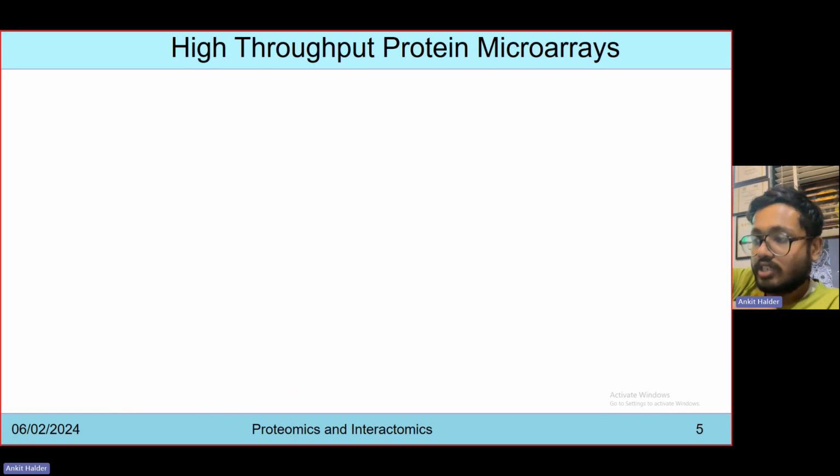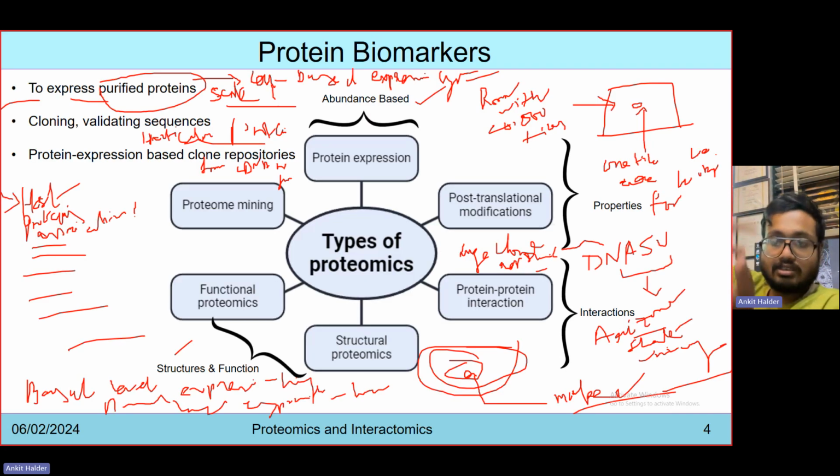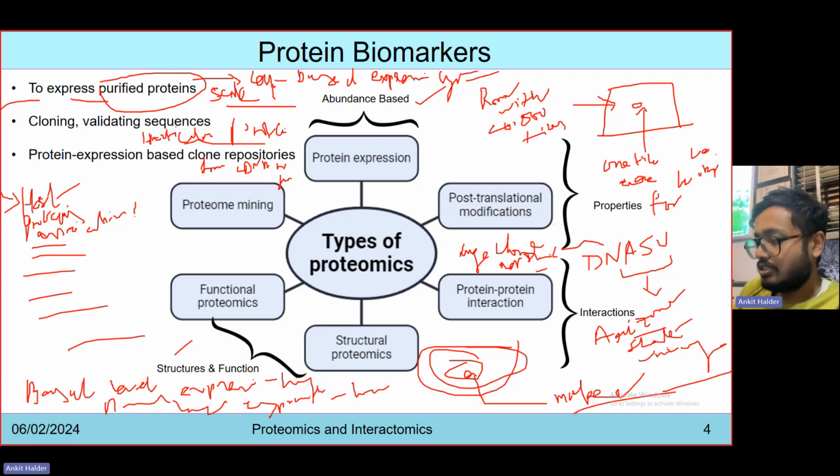But before moving on to the cell-based and cell-free expression systems, I'll do a quick recap of the different expression systems: the abundance based, the structural and functional based, and the interactions and properties based.